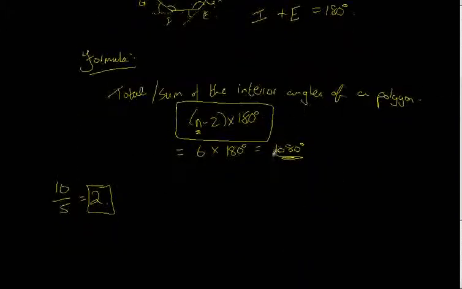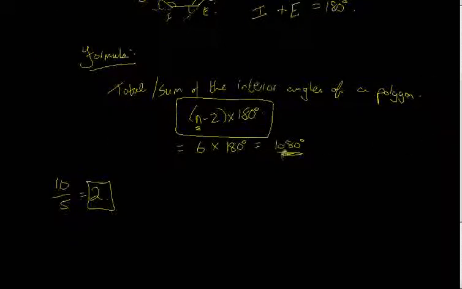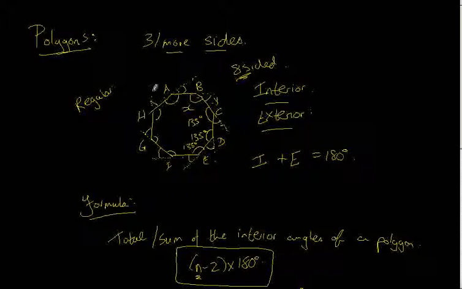We have a total of 1080 degrees, which should be shared evenly between 8 angles. So 1080 degrees divided by 8 gives us each interior angle, and 1080 divided by 8 is 135. So each interior angle in this polygon is 135 degrees all the way around, assuming that this is a regular polygon, which means all its sides are the same length and all its angles are equal.